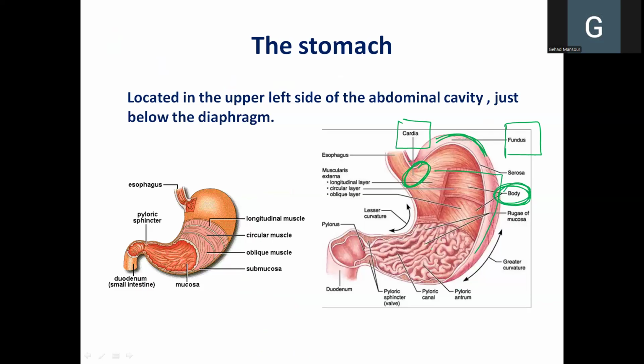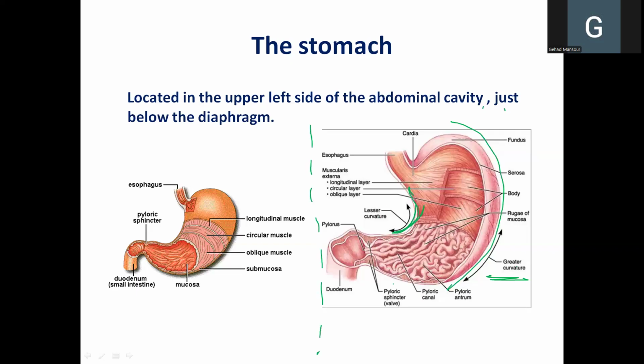And then we have the last part, which is called the pylorus. But we can also see that the stomach has 2 curvatures: an outer curvature that is called the greater curvature, and an inner curvature towards the middle line of the body, which is called the lesser curvature.